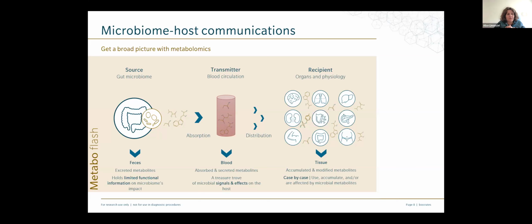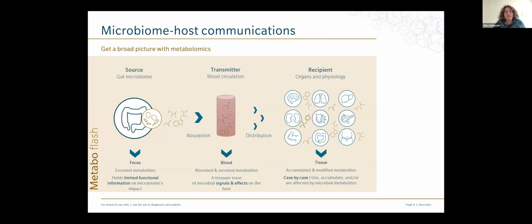But let's not overlook blood, which contains the microbial metabolites that are absorbed and signals on the impact that the microbial changes will have on the host. But also, there are lots of studies that look into tissue samples. So you can, of course, collect a biopsy, or if you're using animal studies, collect an organ, and then analyze both the microbial and the host metabolites in that.